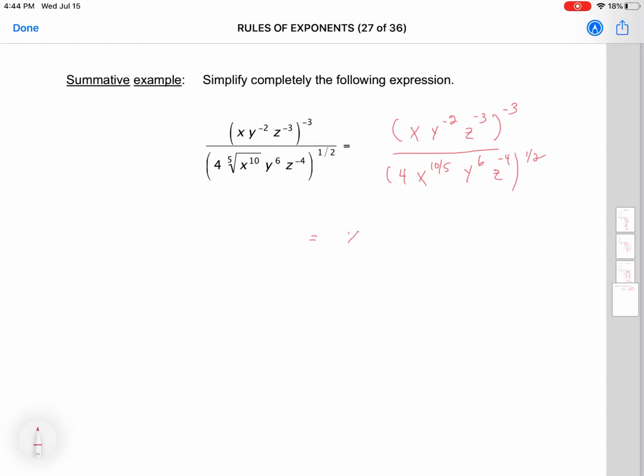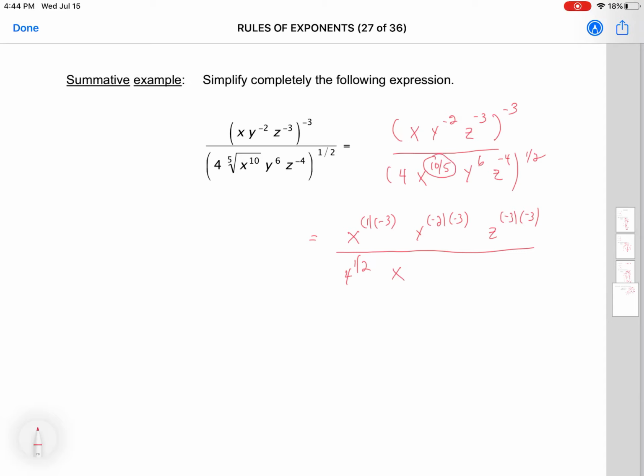What is this equal to? That is x to the 1 times minus 3, y to the minus 2 times minus 3, z to the minus 3 times minus 3. And we're going to do the same in the denominator, 4 to the 1/2.